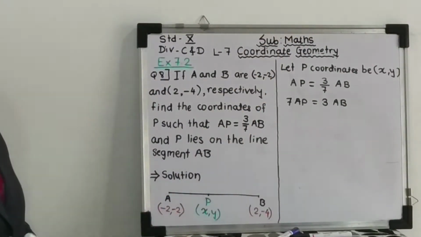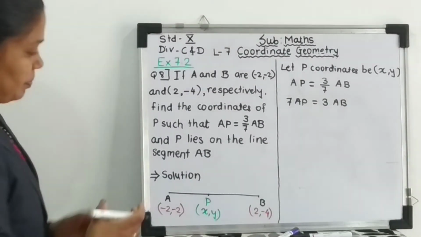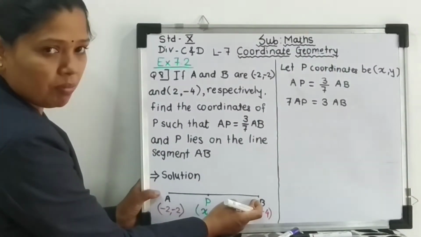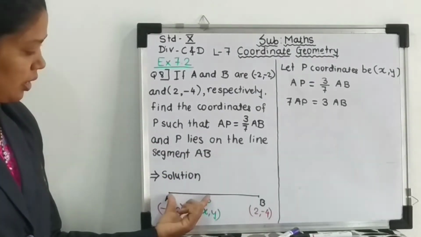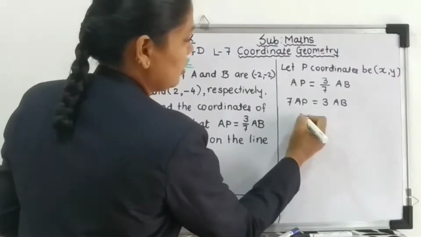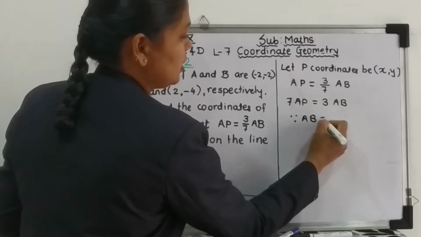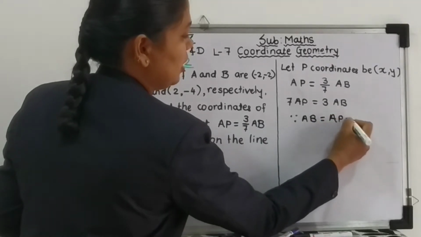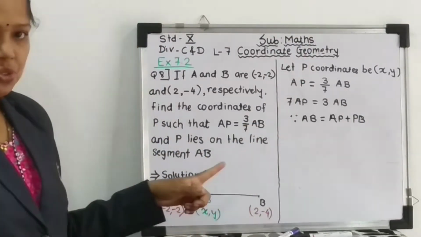Now, what do you think? What should I write in the next step? See, how is AB formed? The whole AB is nothing but AP plus PB, right? So I'll write here, since AB is equal to AP plus PB. This is understood?